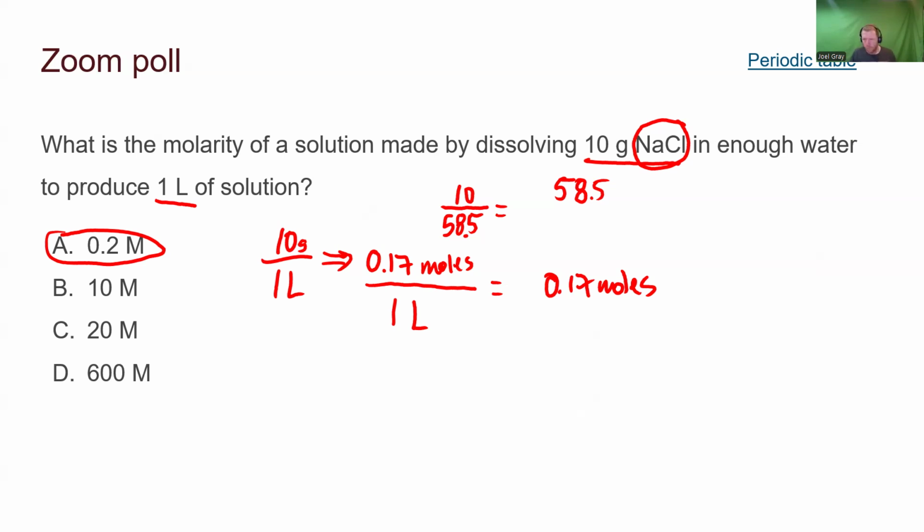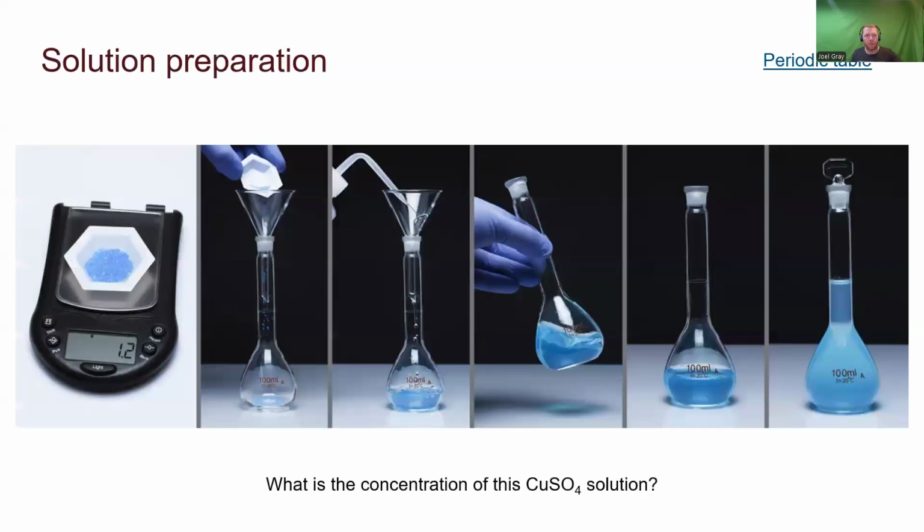Now, this next slide is one that we looked at yesterday. This is where we went through the visual process of making a solution. In order to make a solution, one of the key elements is that you have to be very precise. You have to be very specific. And that's the nature of chemistry and biochemistry and science in general.